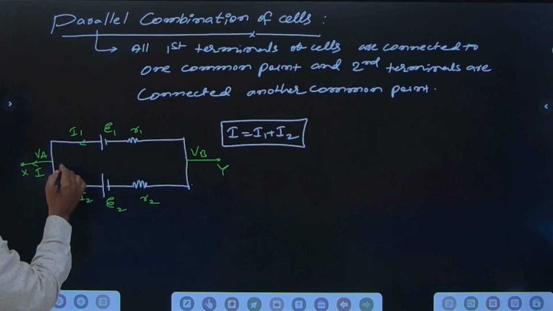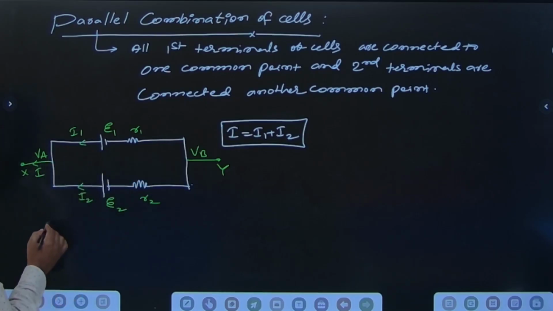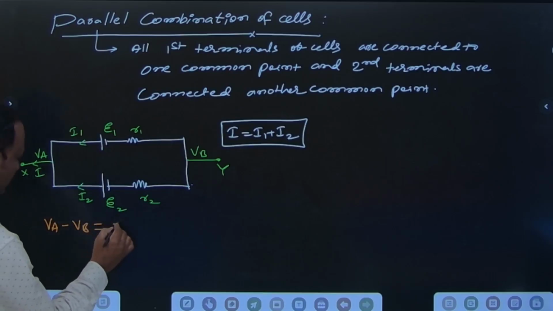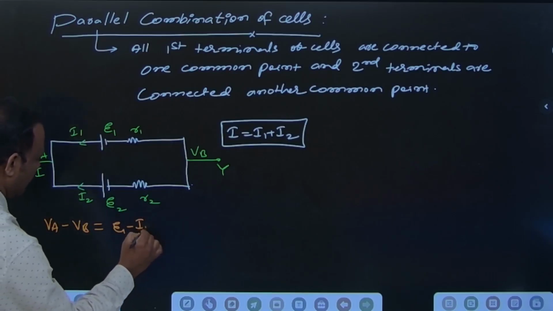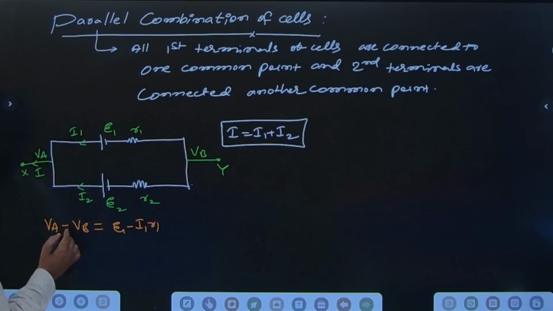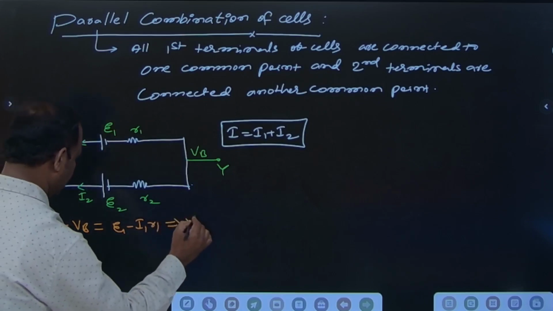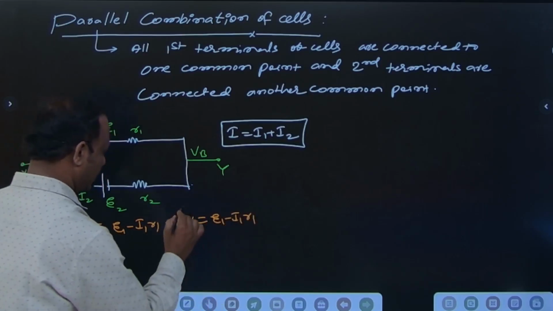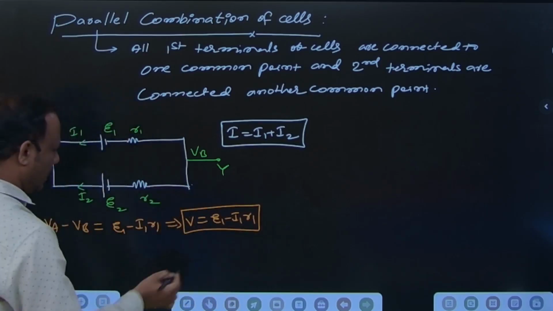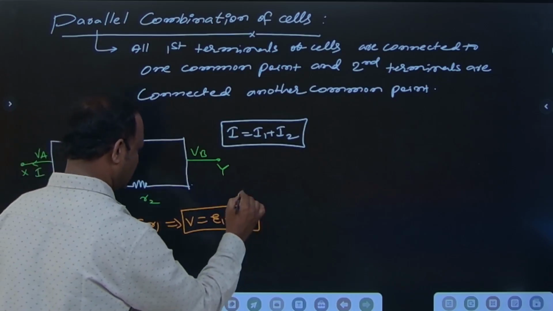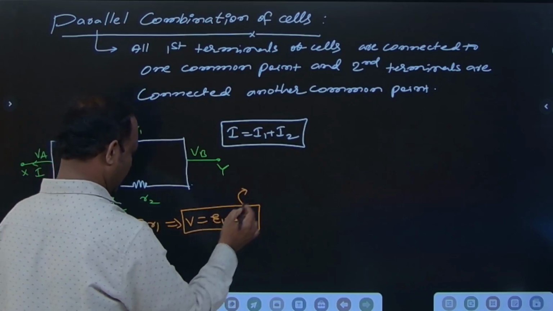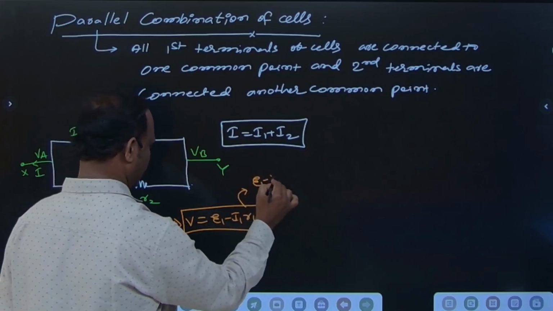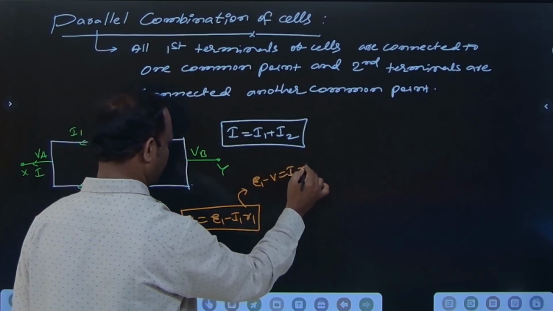The potential difference VA minus VB is equal to E1 minus I1 R1. Let this be V. So V is equal to E1 minus I1 R1, which in simplified form gives E1 minus V is equal to I1 R1.